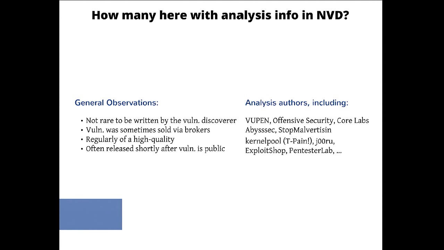So it's usually of really high quality, and again related to the selling of it. It's usually after the vulnerability becomes public. People from Vuln to Core, guys like Tajay and Juru, and also Louis, who does Pentester Lab. He did some write-ups about some Rails vulnerabilities.